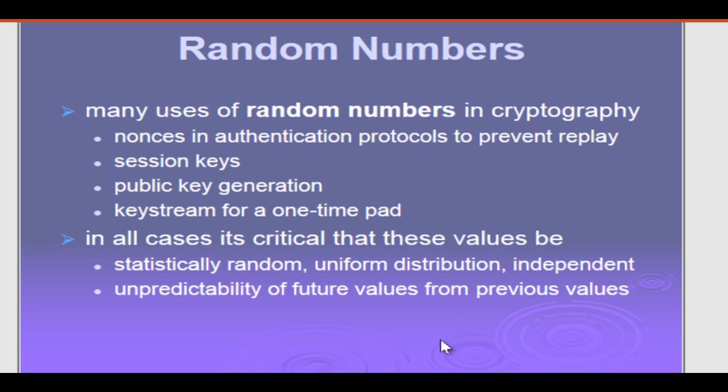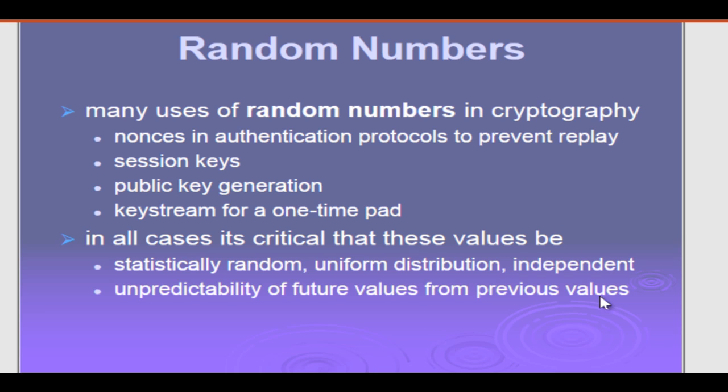So that observation the attacker can do. That's why you have to use all the numbers almost uniformly, not exactly uniform, so that it creates confusion for the attacker.